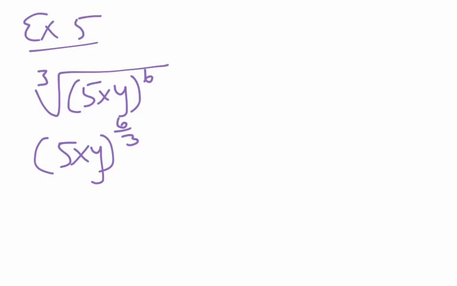It's okay to have an improper fraction. Now watch what happens with this. 6 divided by 3 is 2. And now we could actually go further with this. Now that we've gone through our laws of exponents, we know that 5 squared is 25. And then we have x squared and y squared.